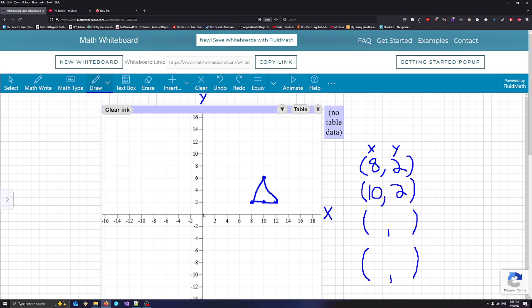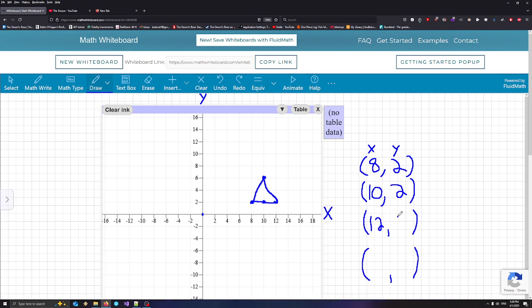By the way, this center point here is 0, 0. So x is 0 and y is 0 right at that center point. So if we go 2, 4, 6, 8, 10, 12, so 12 for that x. And then what's the y value?